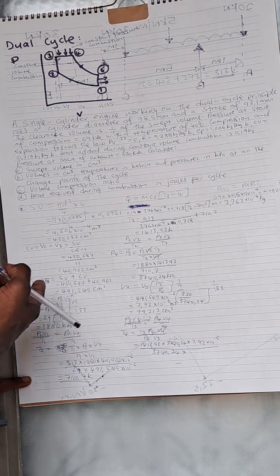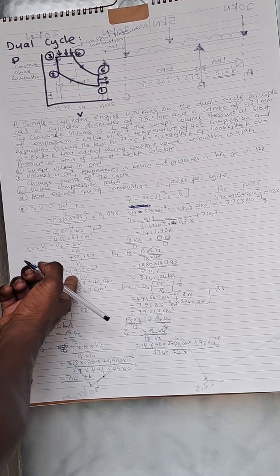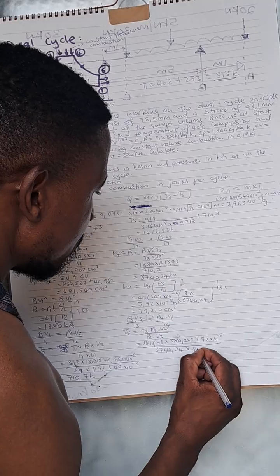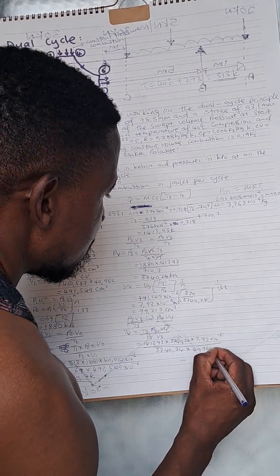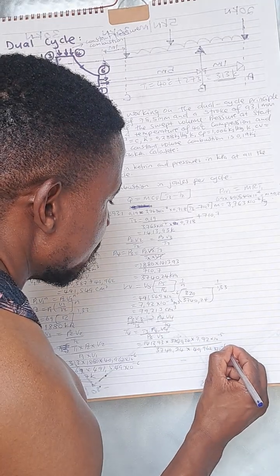Our V3, we say is the same thing as our clearance, which is 40.962 times 10 raised to the power of negative 6.